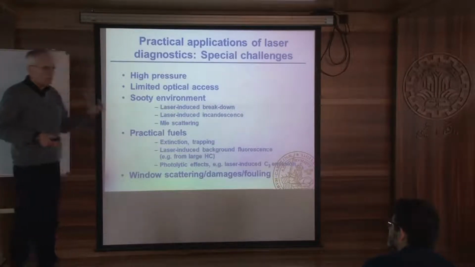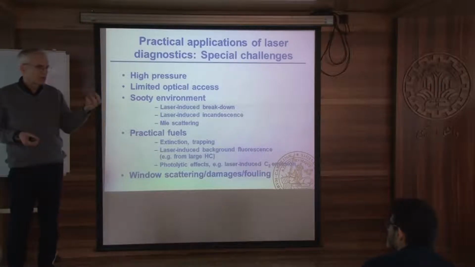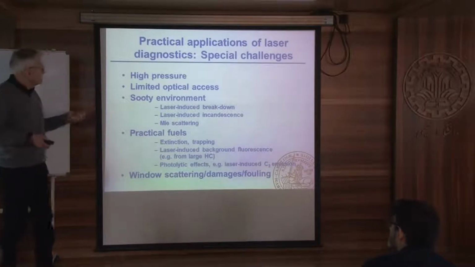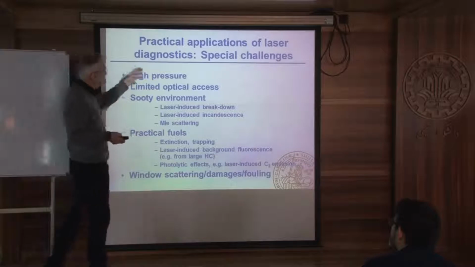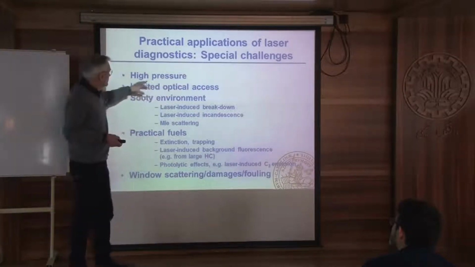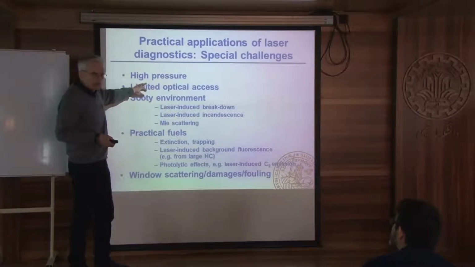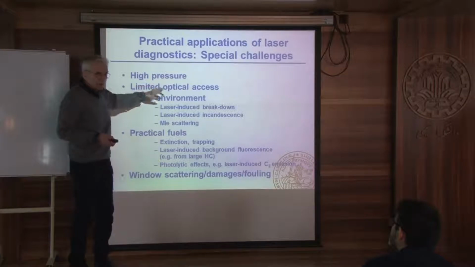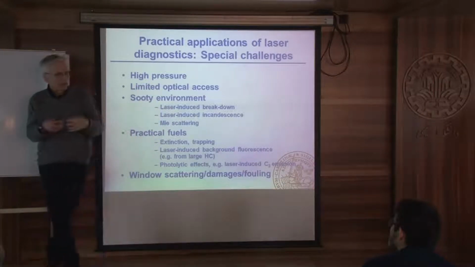when we go from a laminar or turbulent laboratory flame out into the real world, we have special challenges. We have to go to high pressure. High pressure is a complication because that means that the number of collisions increases.